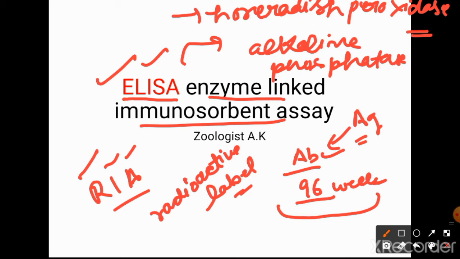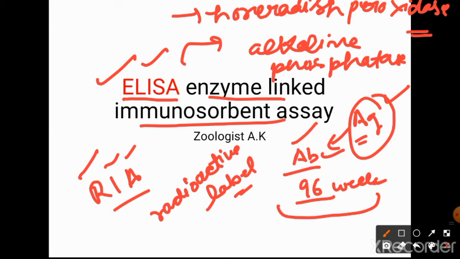After a prescribed reaction time, the tube is washed to remove all the reagent except those which are bound to the antibody molecule. The amount of enzyme labeled antigen will bind to a particular antibody molecule.